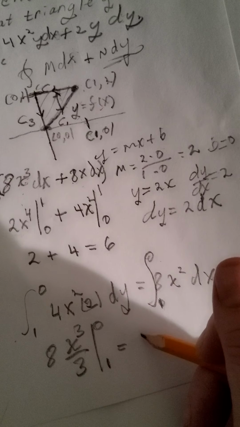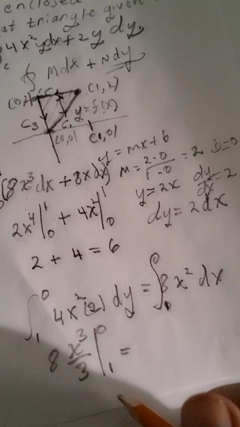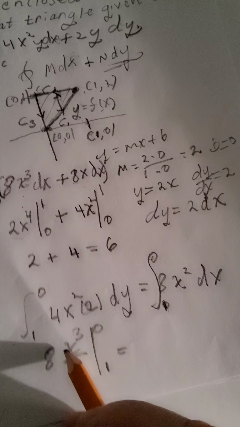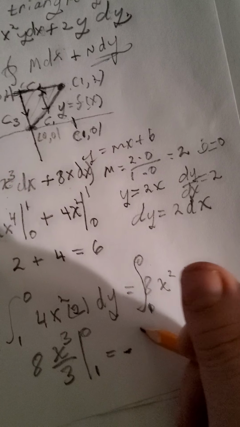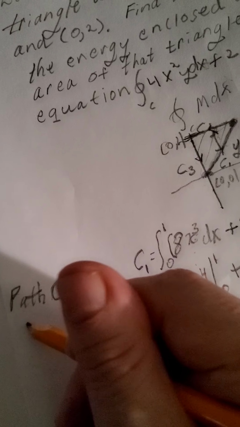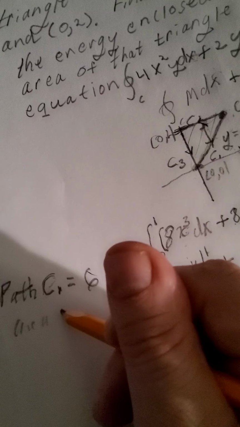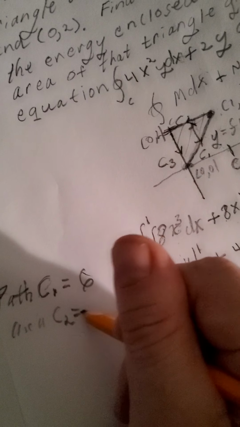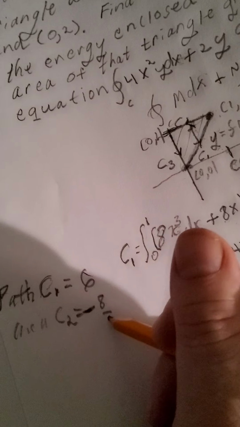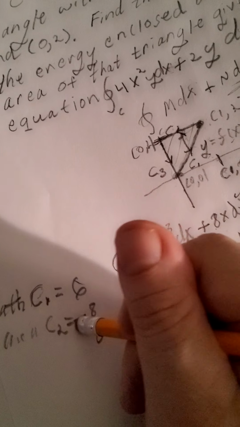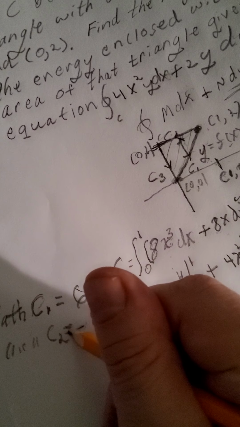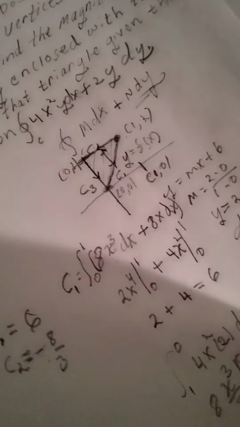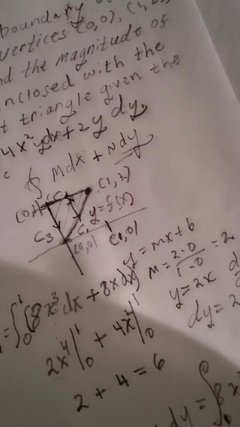And that's going to give you a negative value, because 0 minus 8 times a third is going to be negative 8 thirds. So now I have C2 equals negative 8 thirds. Okay? All right. So we have 2 of them.